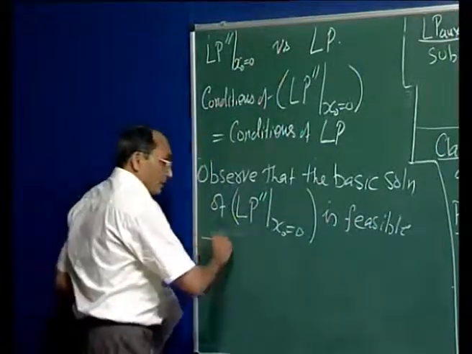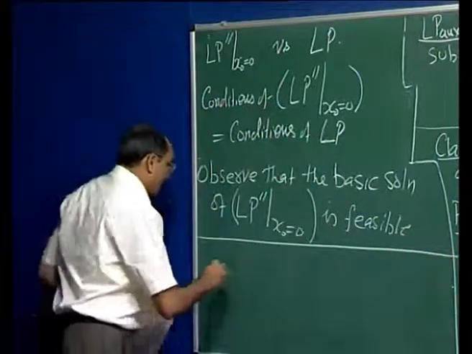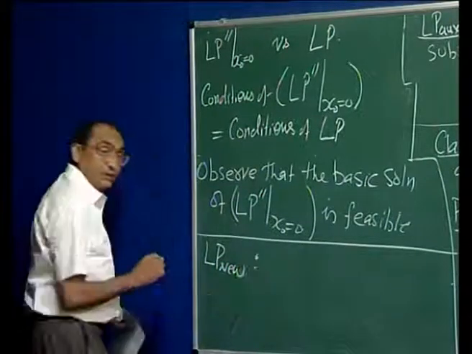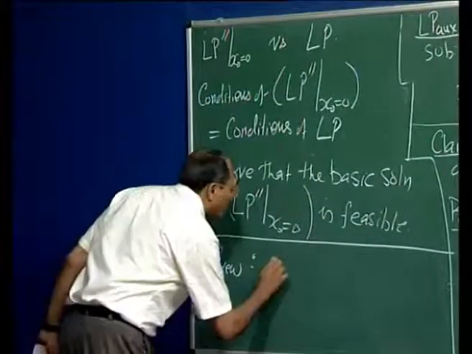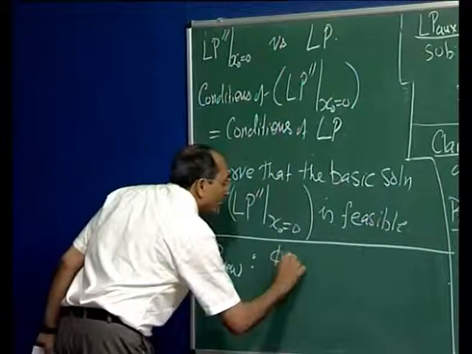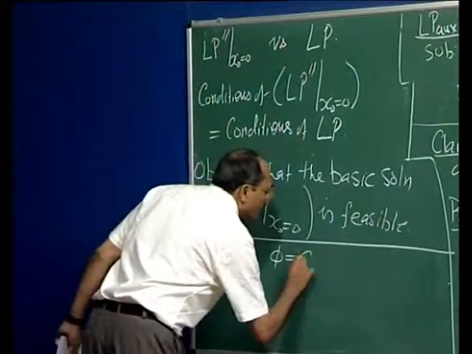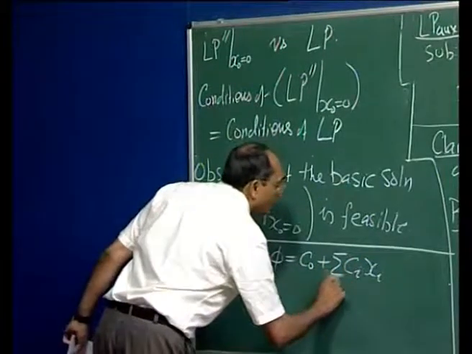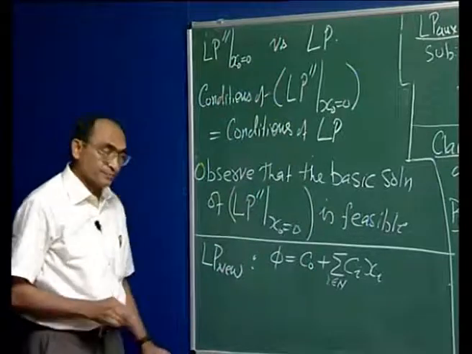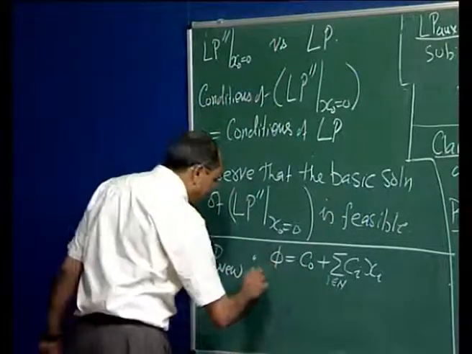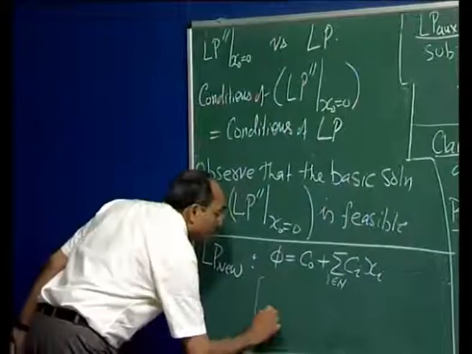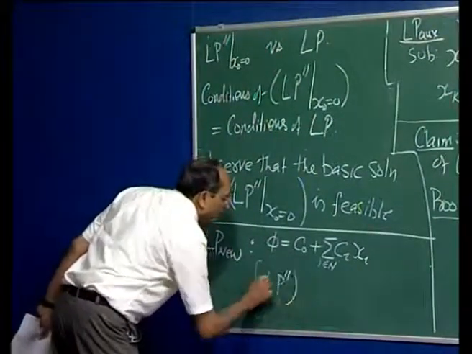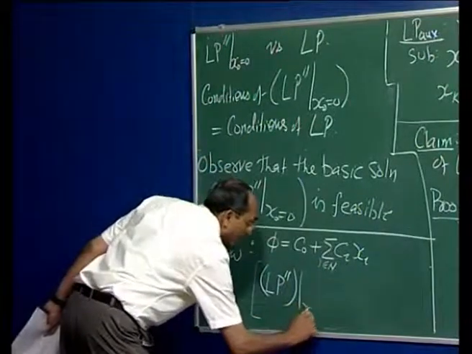So now we are ready with a new program, LP new, in which we start with our original expression phi to be C0 plus sum Ci xi, i belonging to N, and the conditions will be replaced by LP double prime restricted to x naught equal to 0.